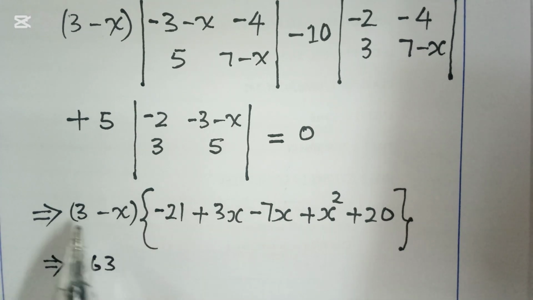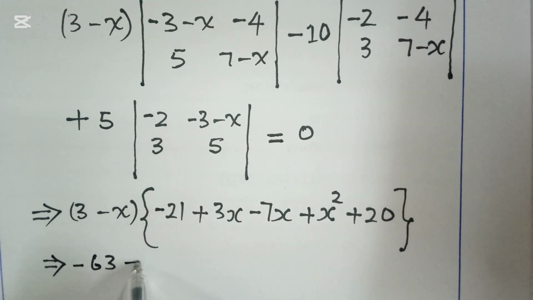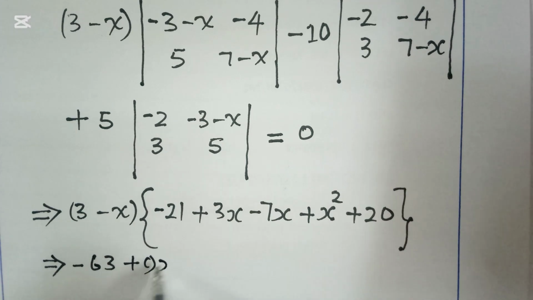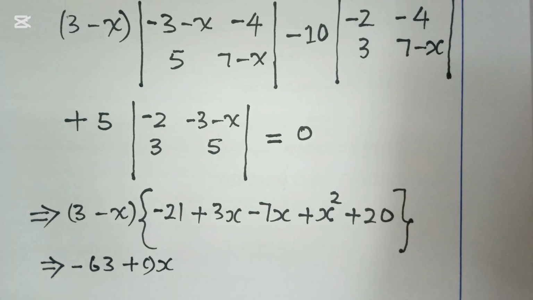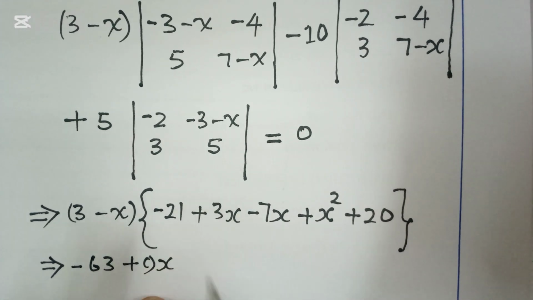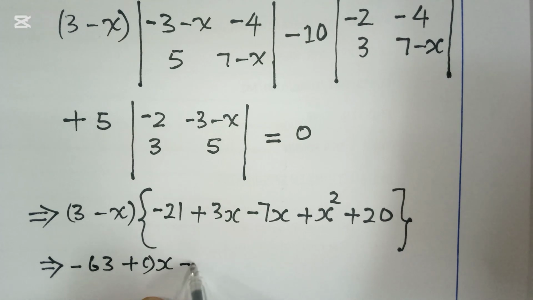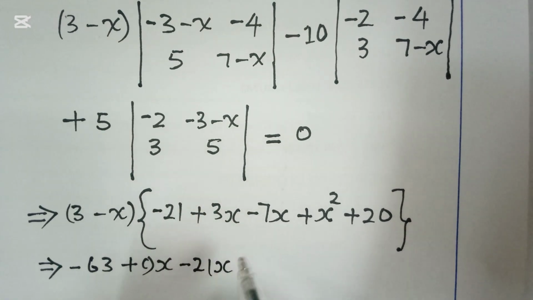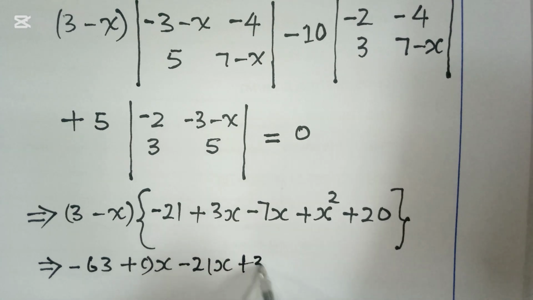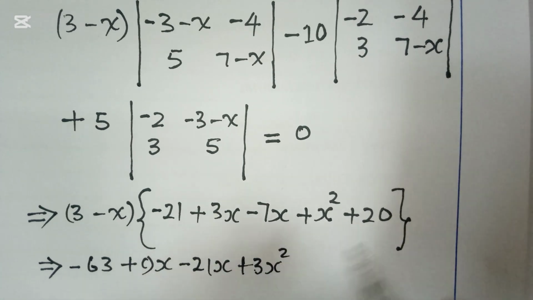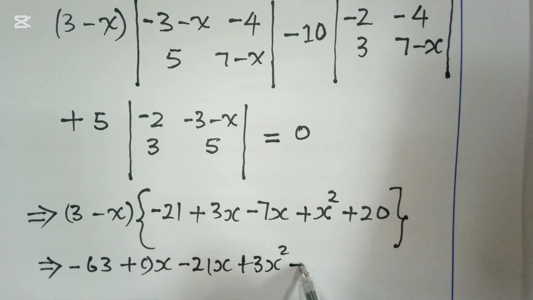Then we have 3 multiplied by 3x is 9x. Then 3 multiplied by 7x is minus 21x. 3 multiplied by that is plus 3x squared. Finally, we have plus 60.